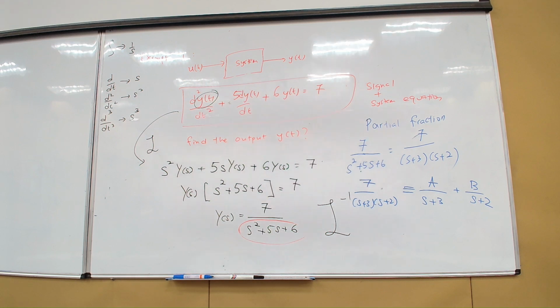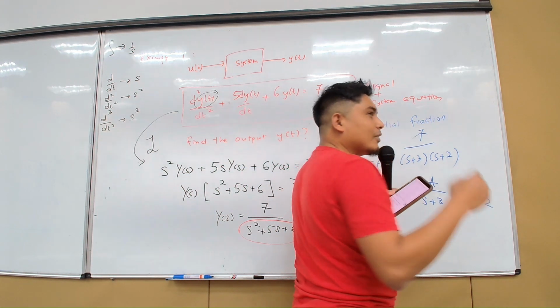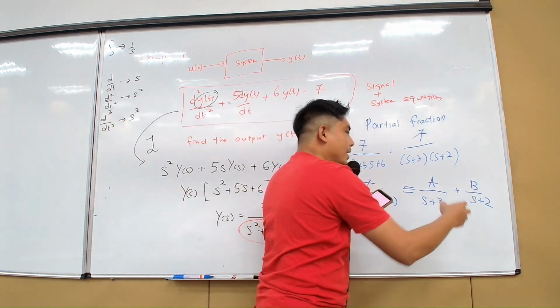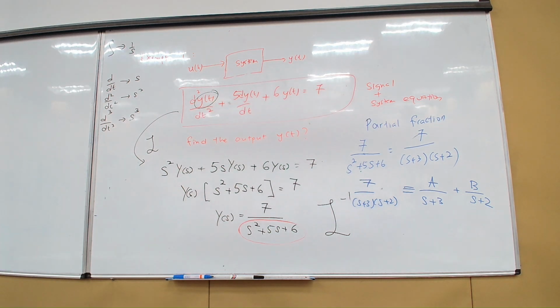So it means that we are going the right way, we are on the correct road. Let's say if you try to factorize this but you cannot find this form anywhere in the Laplace table, it means that something is wrong.